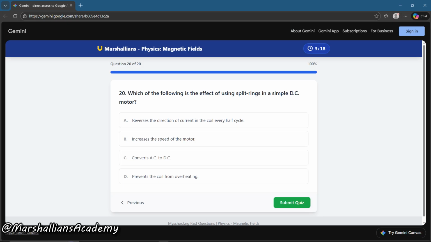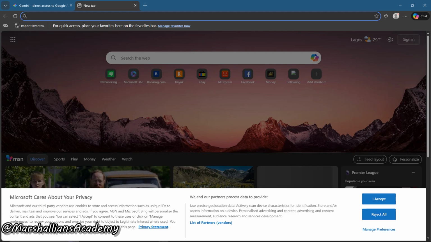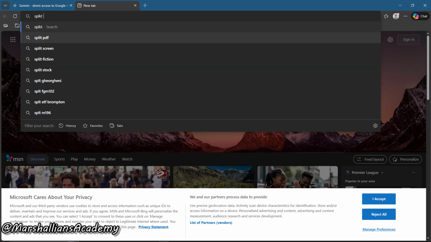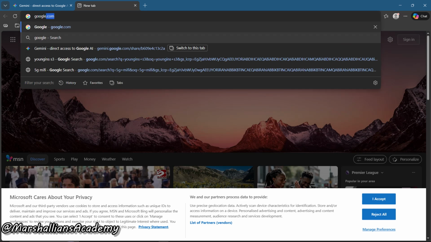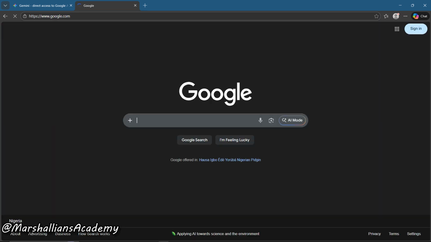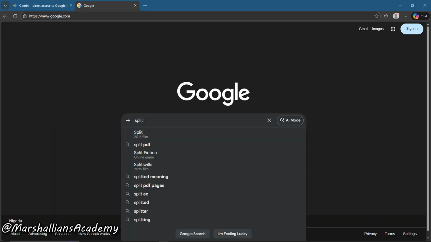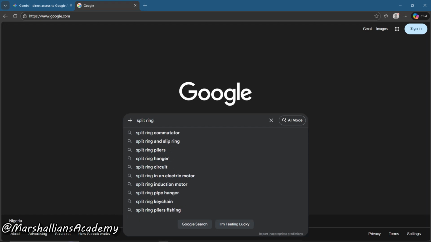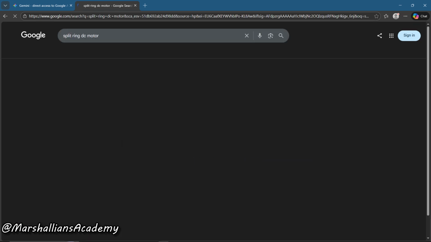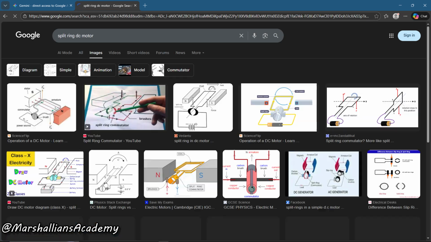Do I have a diagram? Okay, let me show you an image of a split ring. Let me use Google. I want to do that before the exam ends. Split ring, this motor image. I need an image.